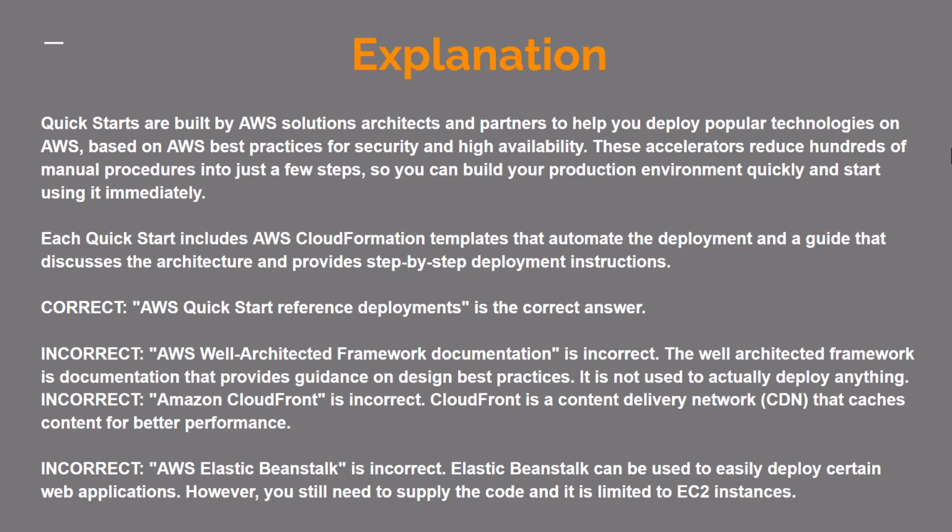CloudFront is a content delivery network (CDN) that caches content for better performance. Incorrect. AWS Elastic Beanstalk is incorrect. Elastic Beanstalk can be used to easily deploy certain web applications. However, you still need to supply the code and it is limited to EC2 instances.